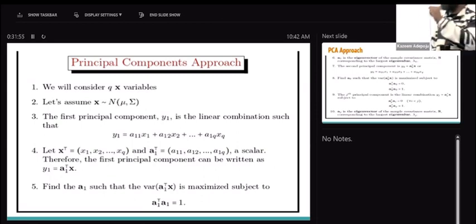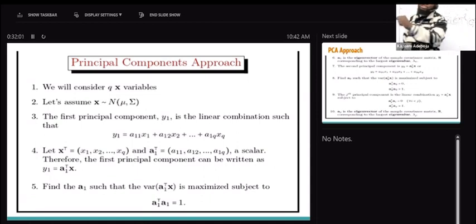Because we want to investigate whether a relationship exists among these explanatory variables, the only way to know is to impose a normal distribution.